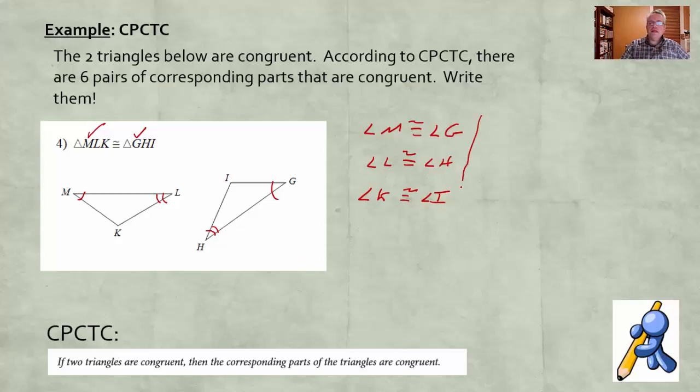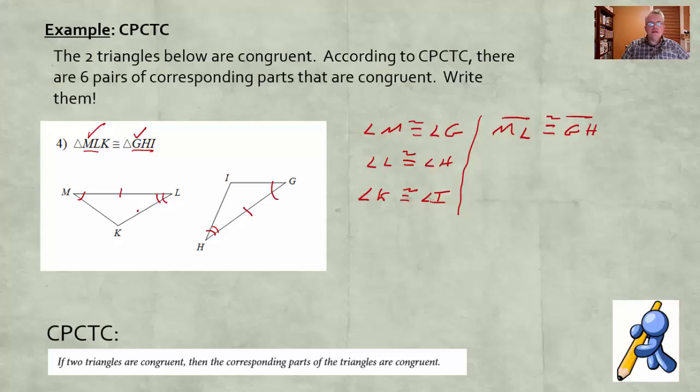Now we have three sides that match. So if I look here, I have ML, the first two letters here, that must match GH. So ML is that side, that must match GH. So the segment ML is congruent to GH. What else? Well, if I take the last two, LK matches HI.